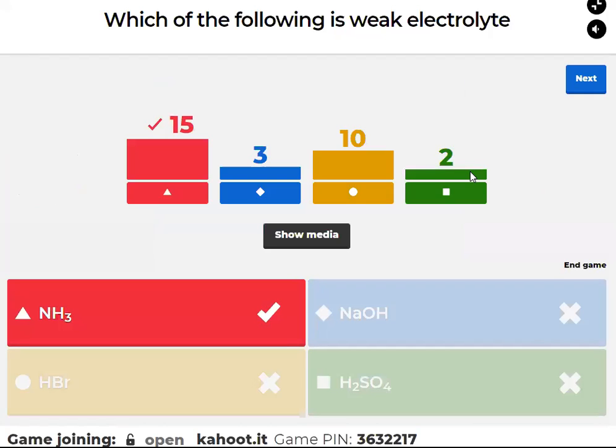Yes, very good. Still many students made mistakes. See, NH3 was there in the last question. NH3 was not your strong electrolyte, so obviously it is a weak electrolyte.